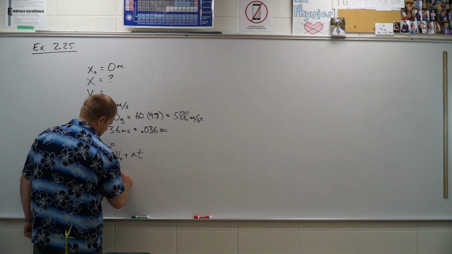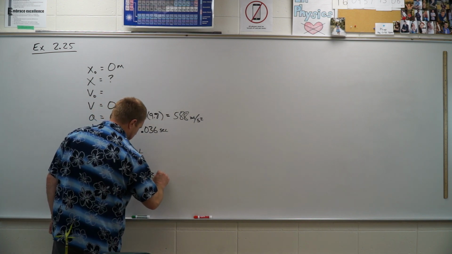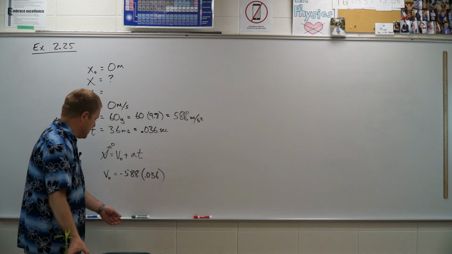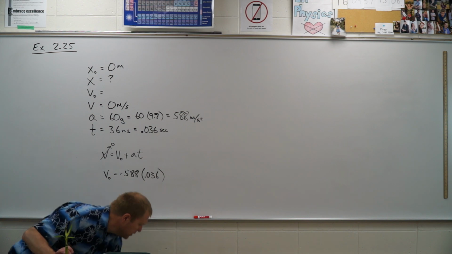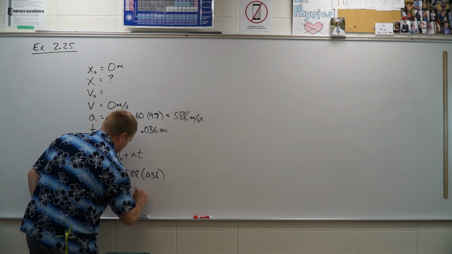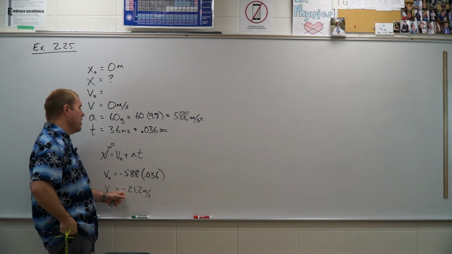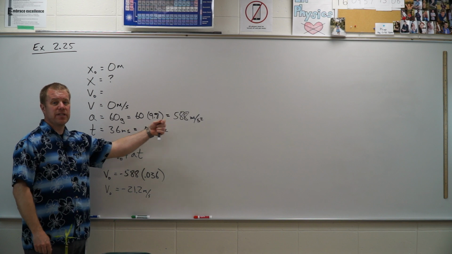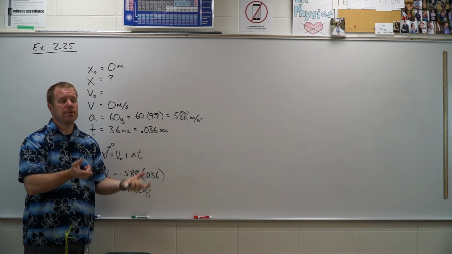We get 21.2-ish. So v naught is equal to negative 21.2 meters per second. You might be asking yourself, why is it negative? That's because I said my acceleration was in the positive direction. And if I'm going to be slowing down, my acceleration and my velocity need to be in opposite directions.